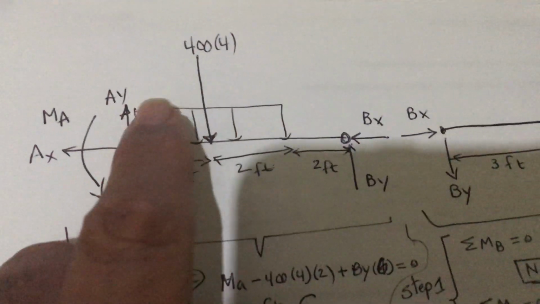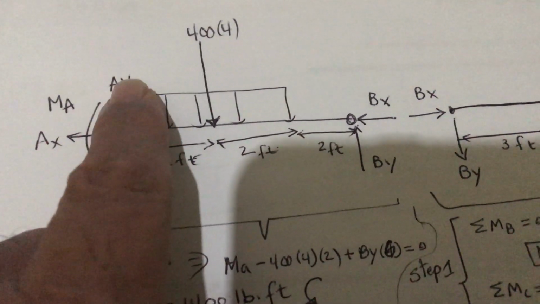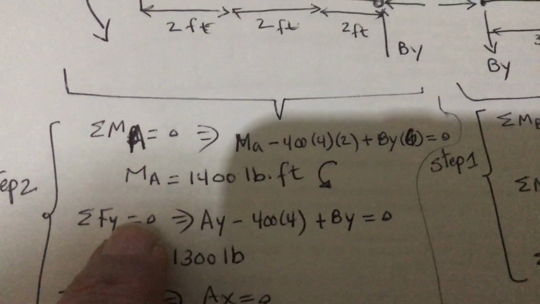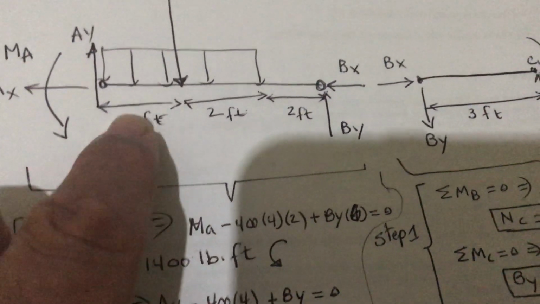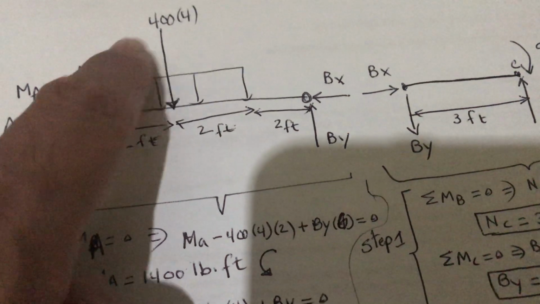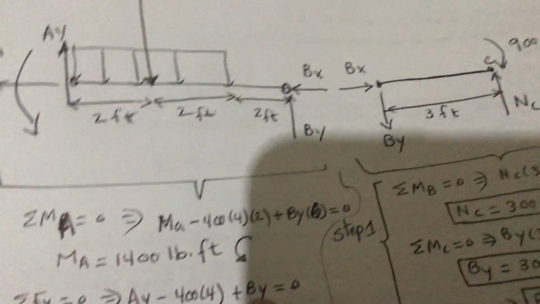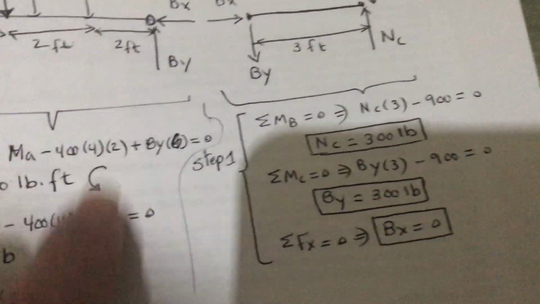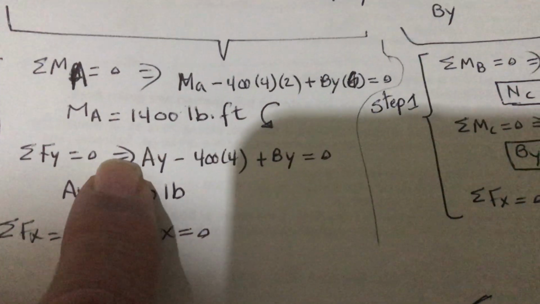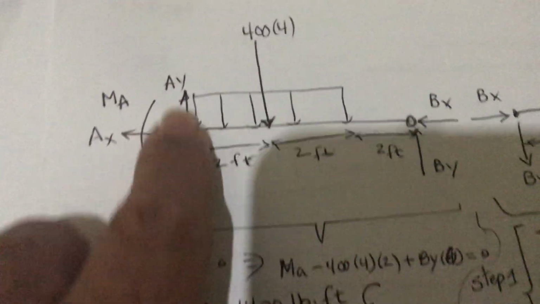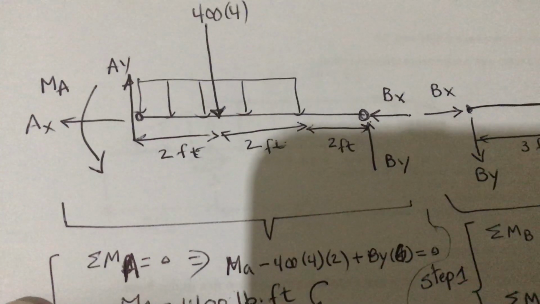Now the best thing is to find summation of force in the Y. Summation of force in the Y equal to 0. Remember, AY is up, 400 times 4 is down, minus 400 times 4, and plus BY, and BY was 300. So you can find AY: 1300, which means that AY is 1300.